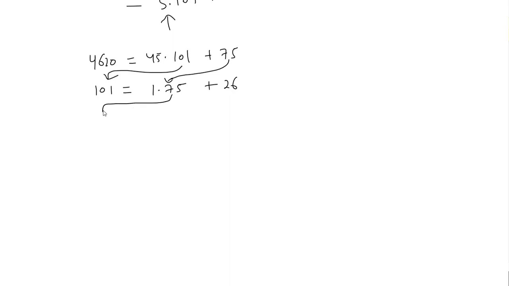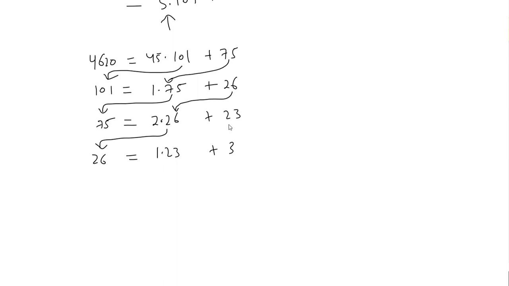Then following the same trend, 75 becomes the dividend, and 26 becomes the divisor. So we'll have 2 times 26 plus 23. Again, making this the dividend and this the divisor, we'll have 1 times 23 and a remainder of 3.